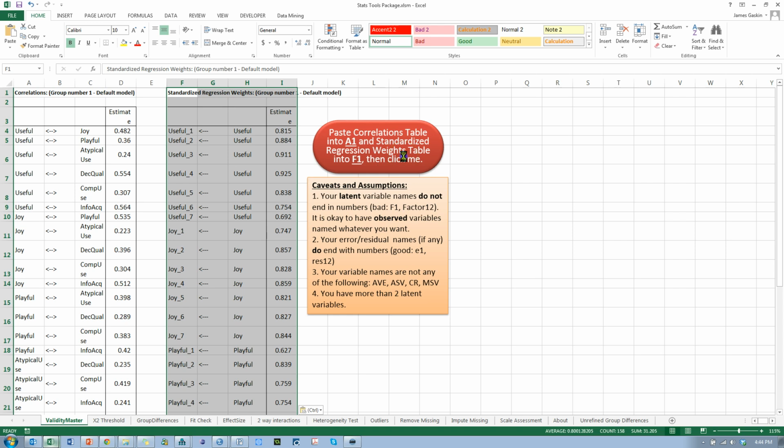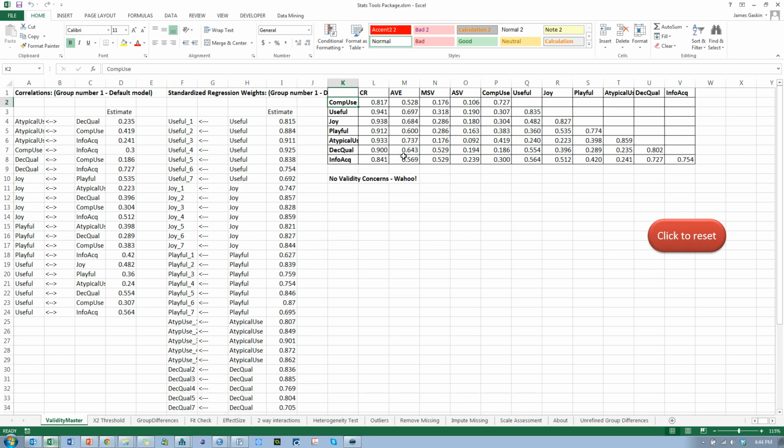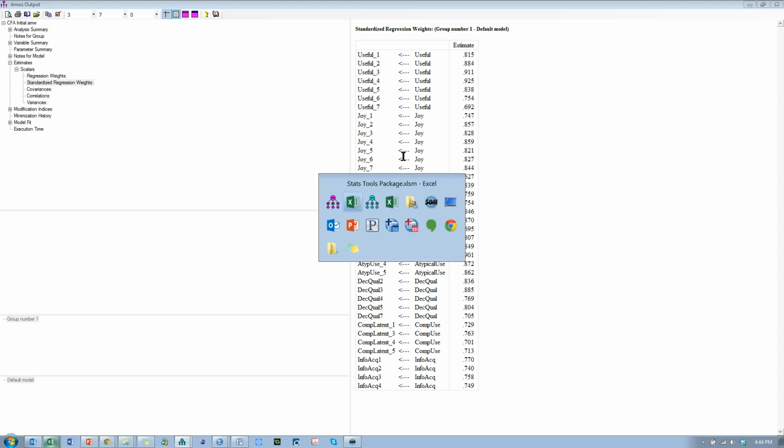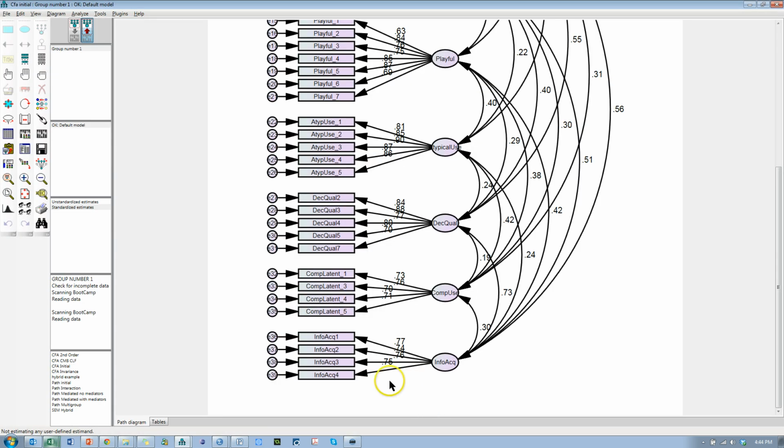What is the criteria to constrain the path when trimming? We trimmed information acquisition 5 because it was bringing down the AVE, the average variance extracted, because it's based on those loadings. And those loadings were all 0.7 except number 5.